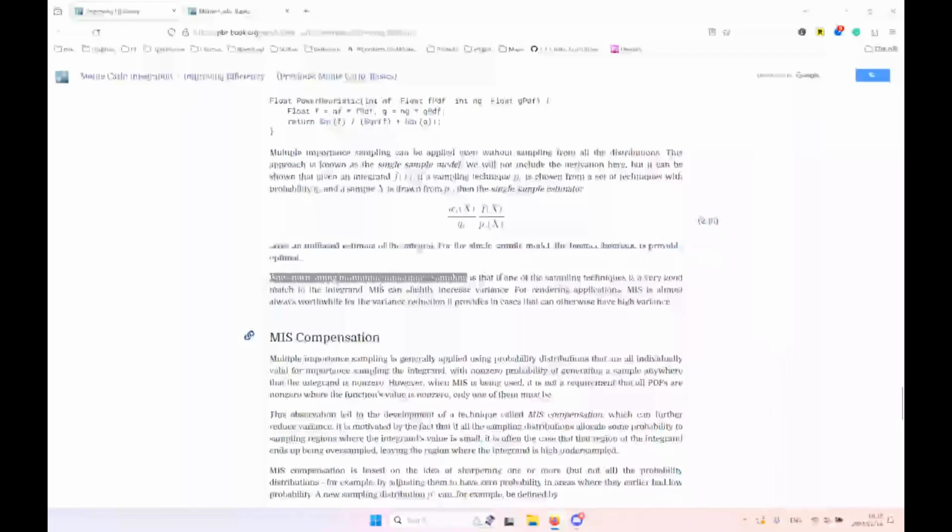Shortcoming of MIS is that if one of the sampling techniques is already very good at matching the integrand, it can increase variance. But for rendering applications, since we draw samples from various sources, it will almost always be worthwhile.